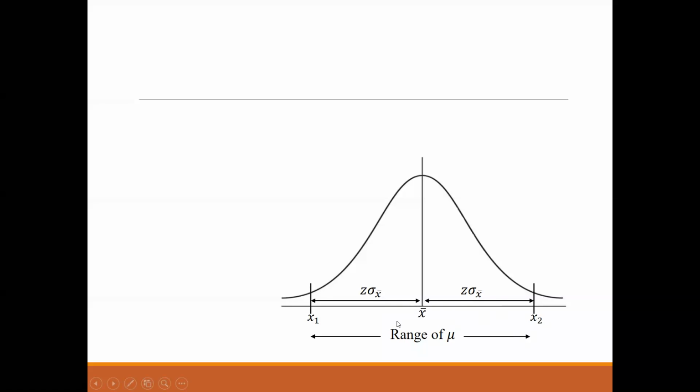Let us say 1 sigma, 2 sigma, 3 sigma, if you remember the percentages I had given. If I want 95% confidence, then the value of z will be 1.96.